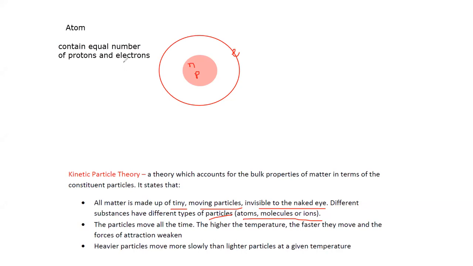We call that an atom. For example, if I have 2 protons and 2 electrons in a particle, what do we call that particle? We call that an atom.